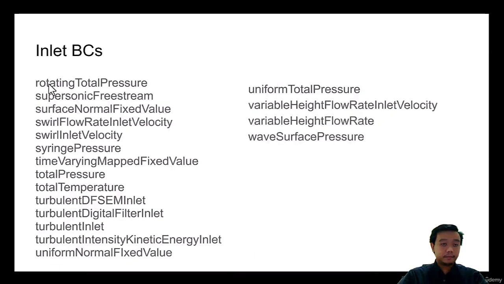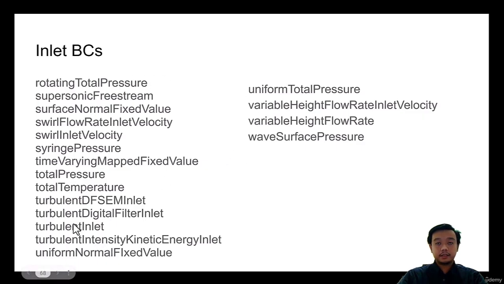And we can input the swirling inlet velocity if you are dealing with a swirling condition. Let's say for the combustion chamber, if you don't want to model the swirler in the geometry and the mesh, you can input the swirl inlet velocity to specify the rotational velocity and also the tangential and radial velocity, and total pressure like we discussed previously.